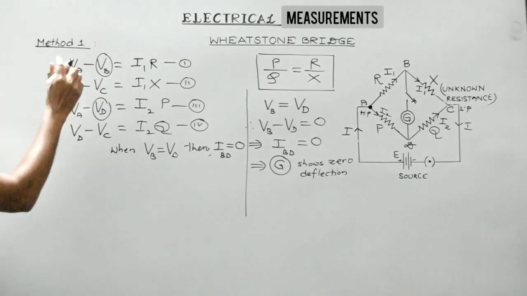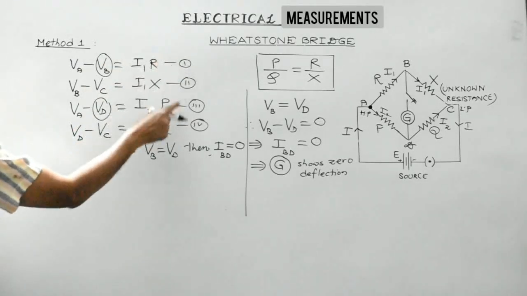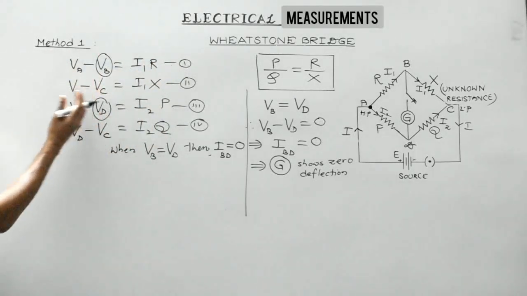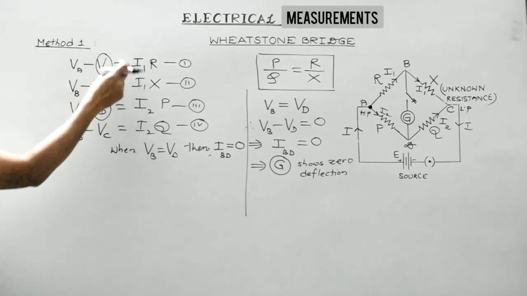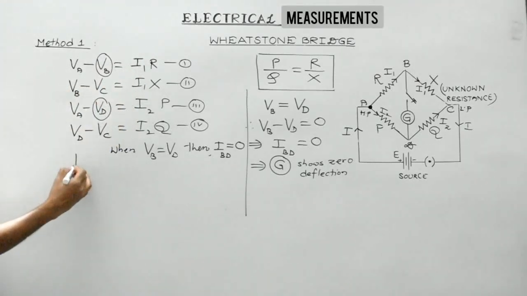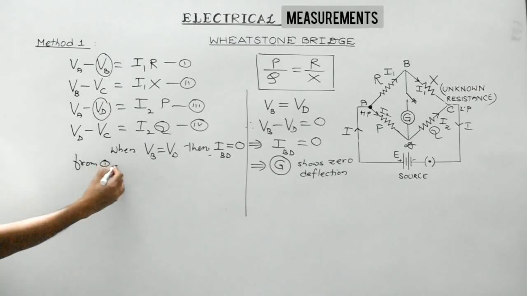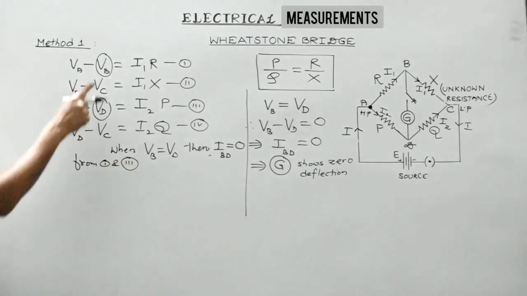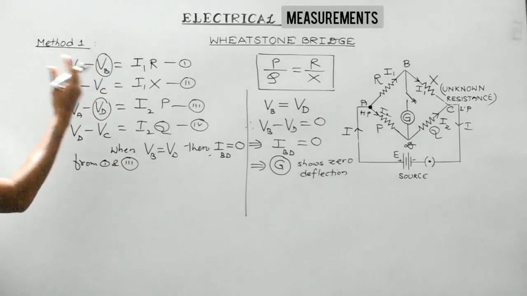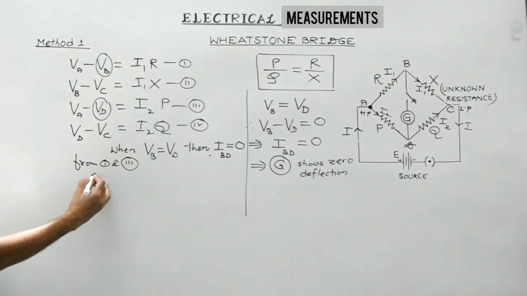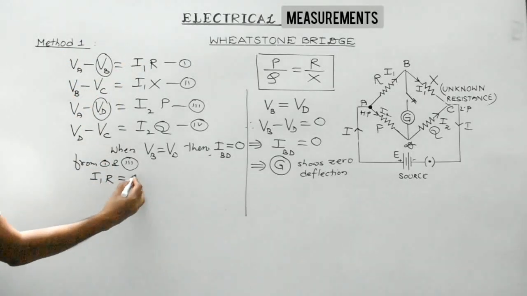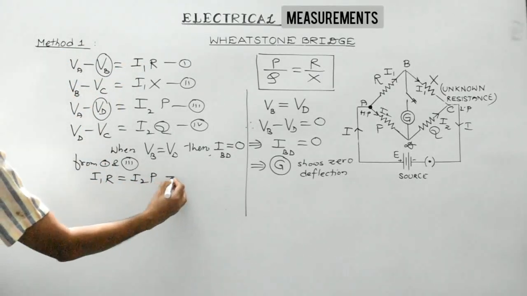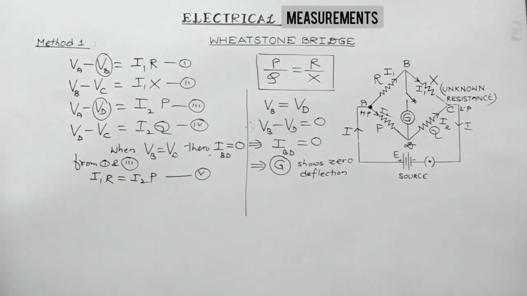These two are equal. So from equations 1 and 3, their left hand sides are equal. So therefore we can equate their right hand sides, isn't it? Therefore I1R would be equal to I2P. Put this as equation 5.